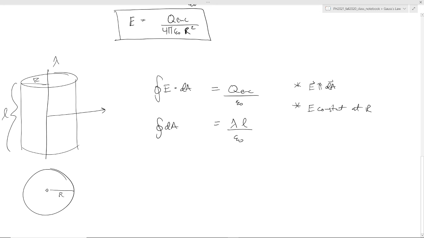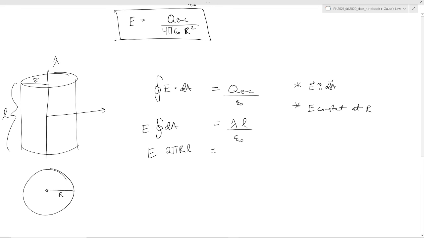So we can simplify this. E dot dA becomes E times an integral over the area of our cylinder. Now, what's the area of a cylinder? Well, we would have 2 pi r times the length of that cylinder.